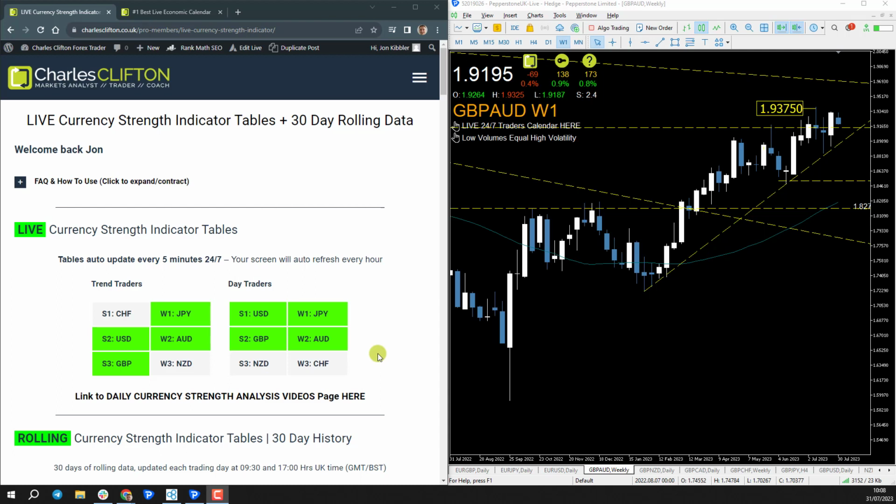So, end of month, we may not see too much action going into today, or we may see the continuation of the high volatility, low volume situation that we discussed on Friday. And we have seen a little bit of a flip around or turn around again on the trend traders and day traders table, one of those being the Japanese yen.